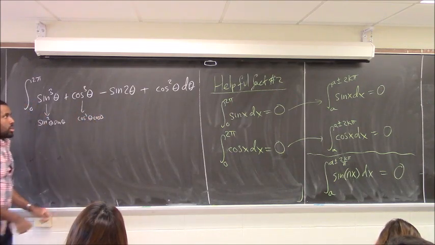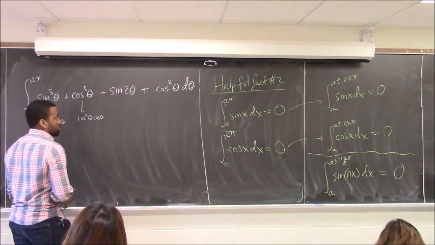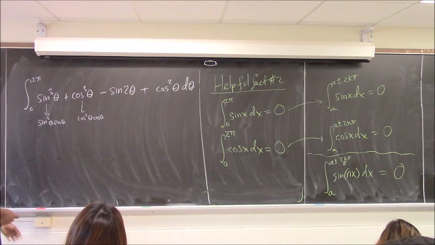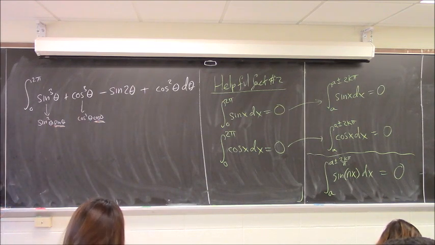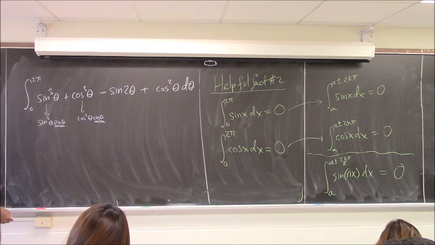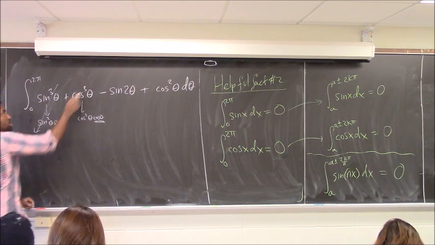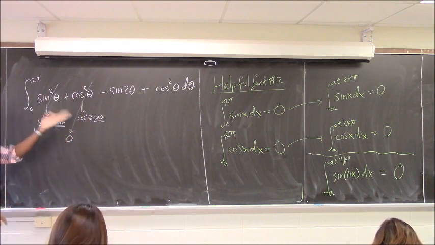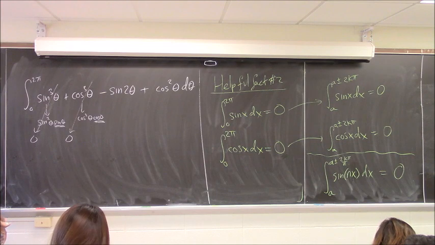And you do something called a substitution, which we're going to talk about in a few lectures. However, just knowing that there's a sine and a cosine component, the way it's going to work out with the substitution is, because you're over 0 to 2 pi, these guys are actually going to give you 0. So you end up with a problem like this, and you can immediately just ignore these parts. They're going to contribute 0.